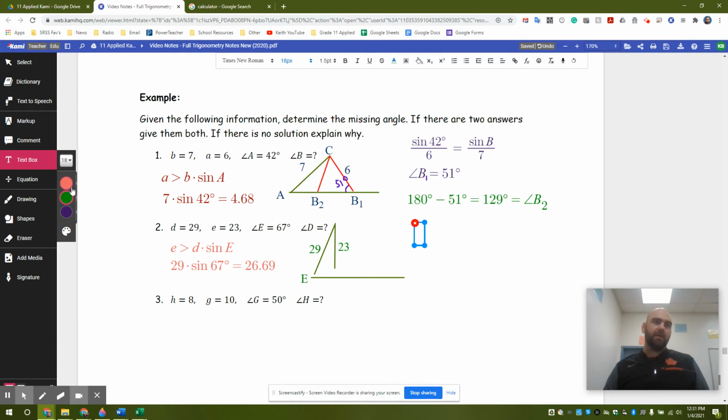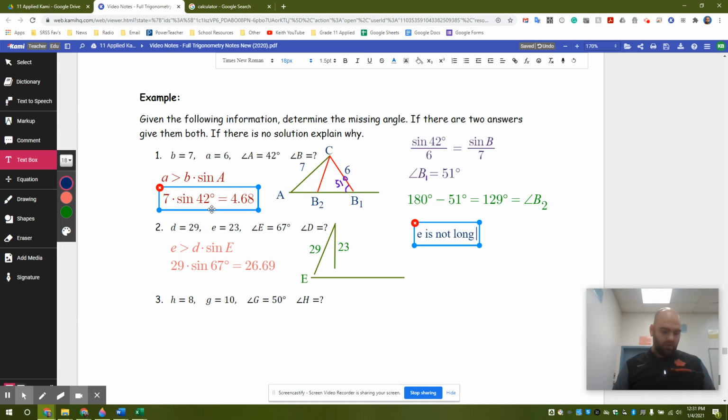So we can say that E is not long enough to create a full triangle.